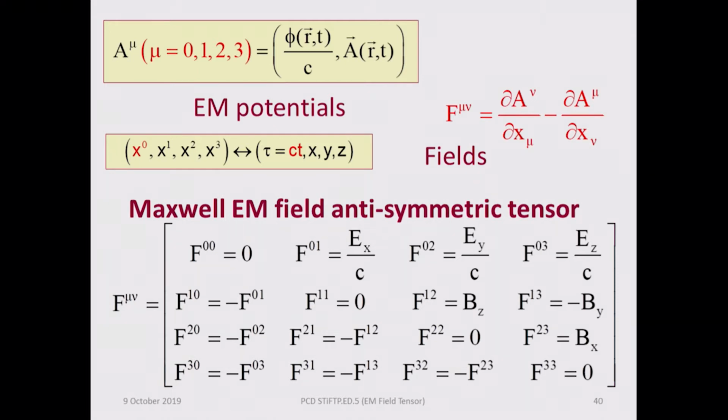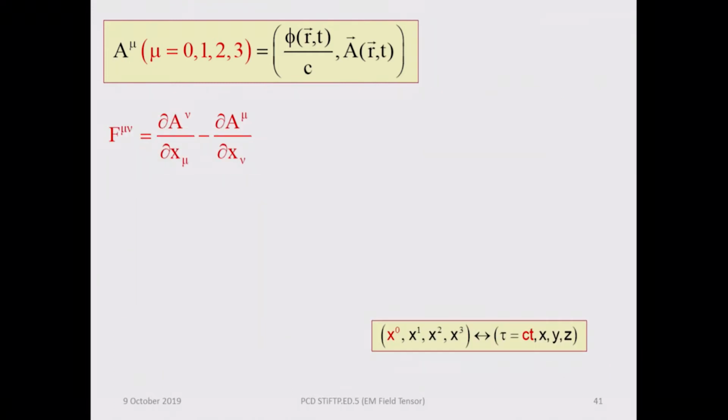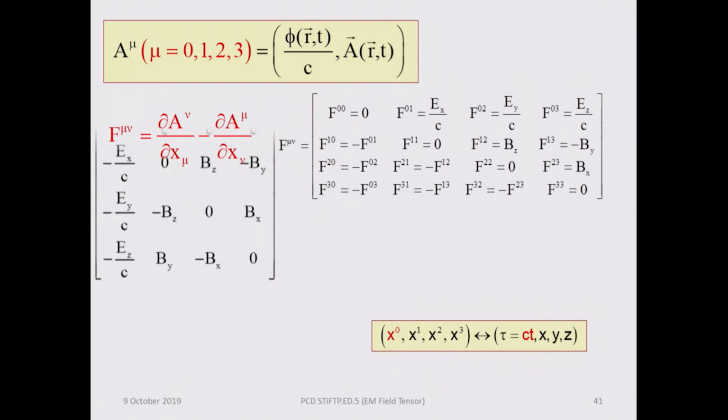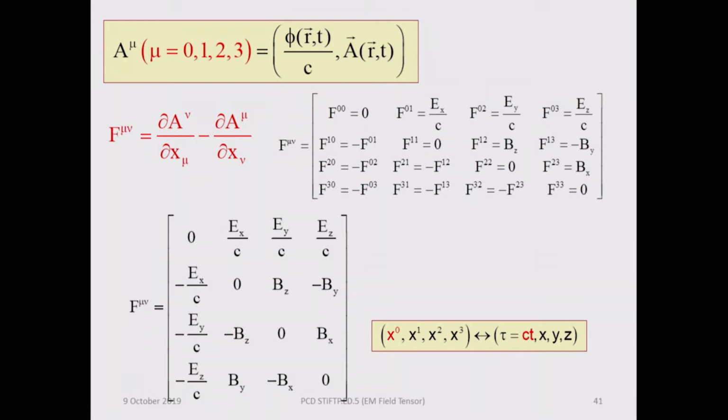Now, this way you can get all the 16 elements, and it is easy to see that the diagonal elements are 0 and the off diagonal elements are antisymmetric. So, you can now write this field tensor with all of these derivatives taken, and the field tensor is now given by what you have on the lower left part of this screen.